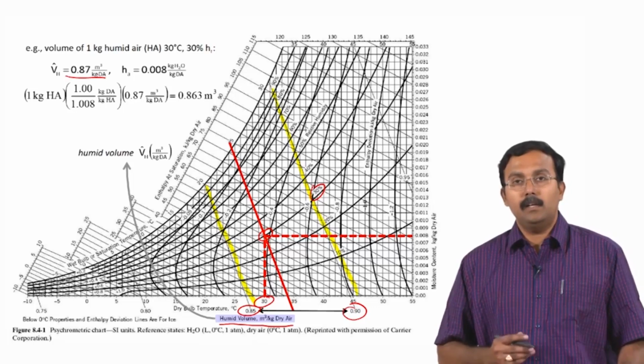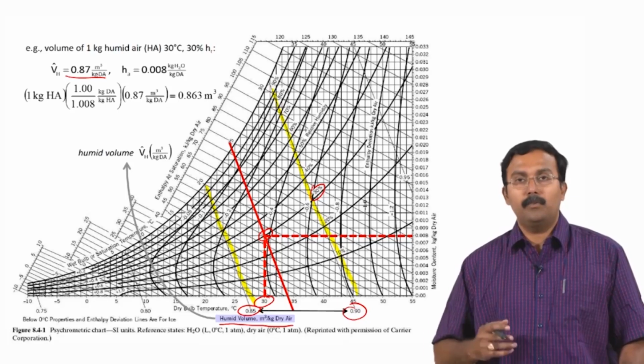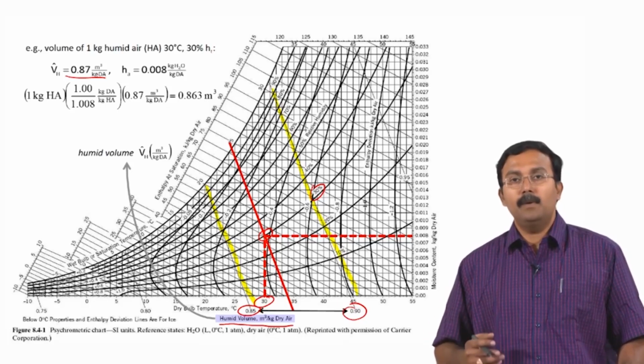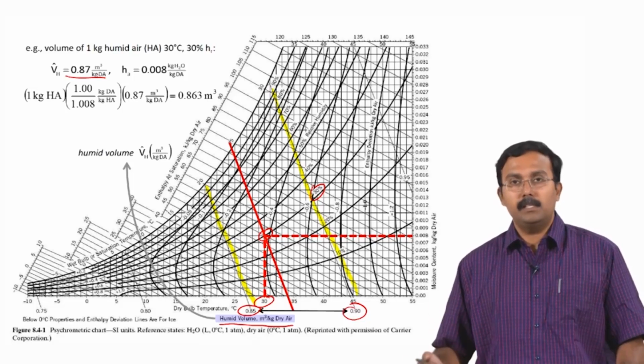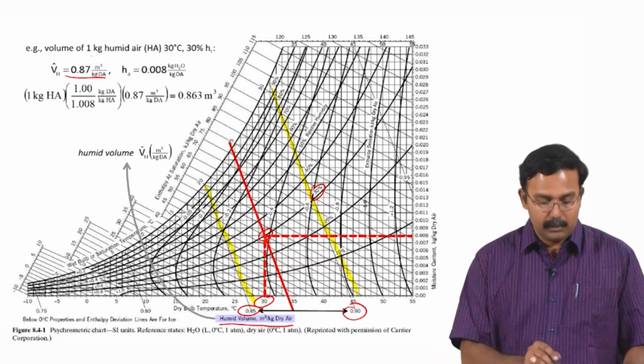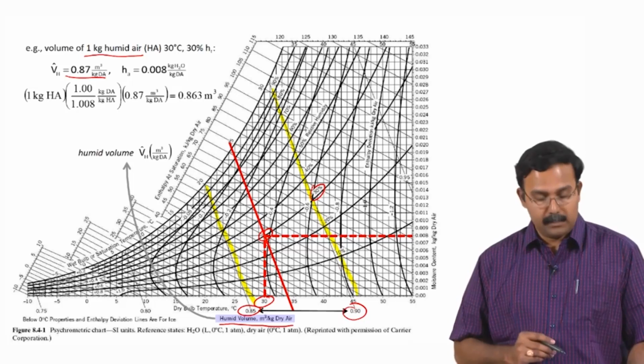If we need to calculate the total volume occupied, which would account not only for the dry air, but also for the water vapor associated, then we would have to use the absolute humidity to identify how much moisture is present, and what would be the mass of dry air for this condition. We have been given 1 kilogram of humid air as the basis.